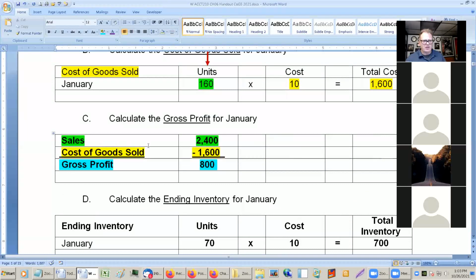And not to put too fine a point on it, this would be on our income statement here.